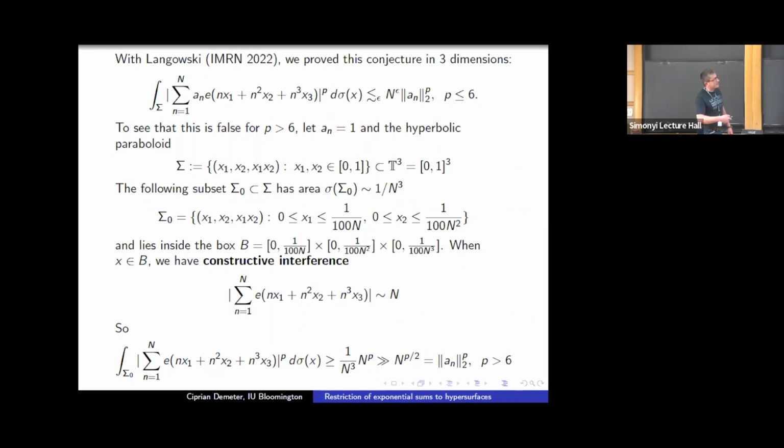How small? Exactly like this. You plug that into this equation, you're learning that the exponential sum is roughly n to the p on a set of size 1 over n times 1 over n squared. You compare that with the L2 norm to the power p. That tells you that this inequality actually cannot hold for p greater than 6.